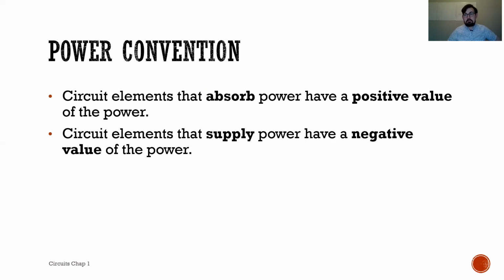They wrote the rules for electrical engineering long before I was born. Absorbing power is positive because, to brag about your speaker system, you're never going to say it's negative 600 watts. Using power is really cool, so it's positive. Supplying power is a bit of a drag, so it's going to be negative.